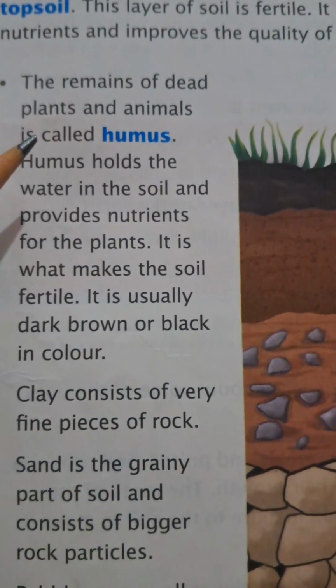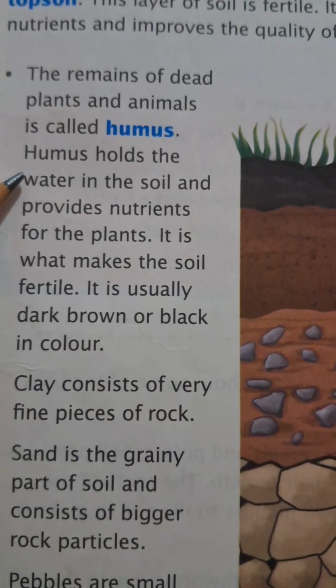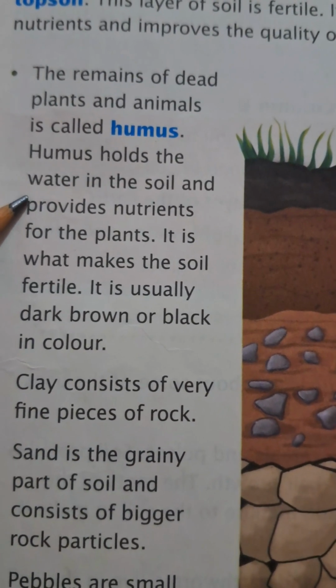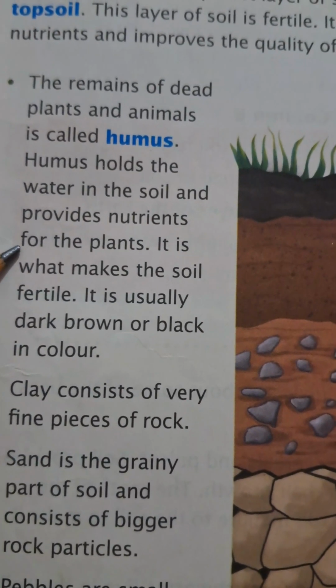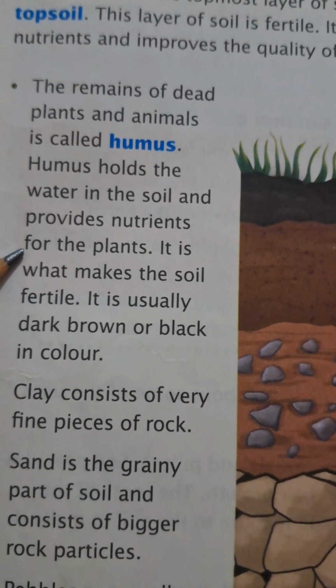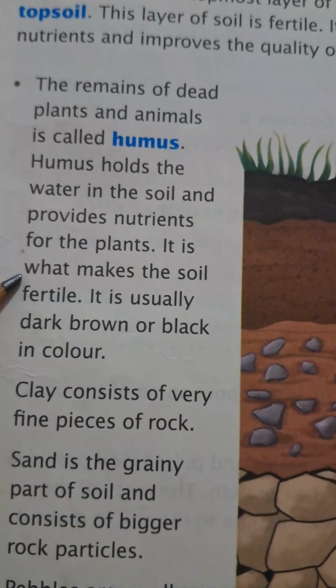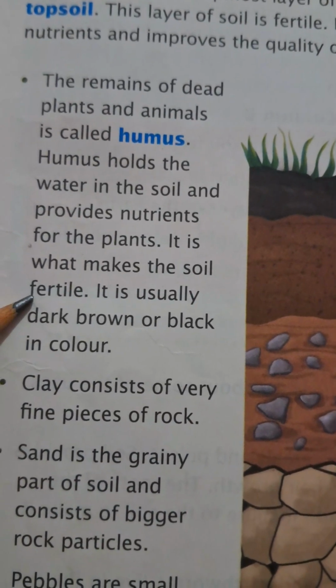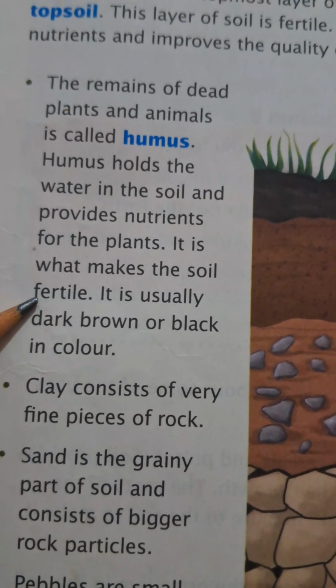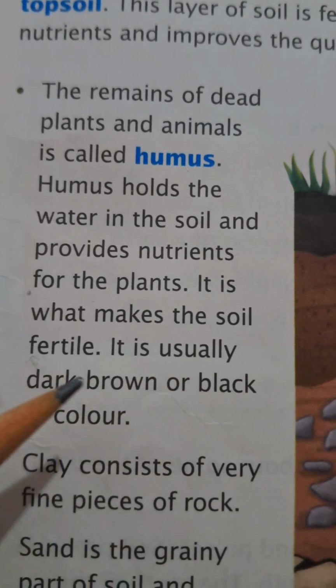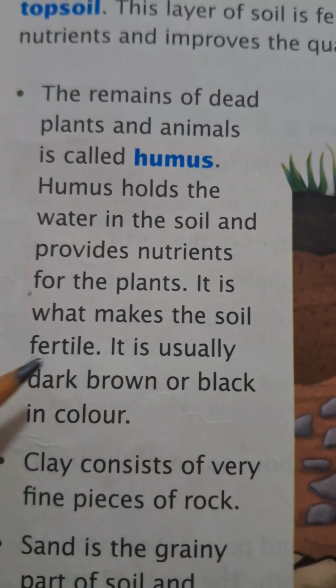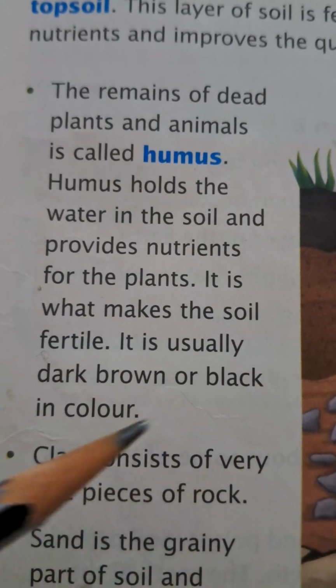Okay, next we have: humus holds the water in the soil and provides nutrients for the plants. So that gives the nutrients to the plant. It is what makes the soil fertile. And next we have: it is usually dark brown or black in color.